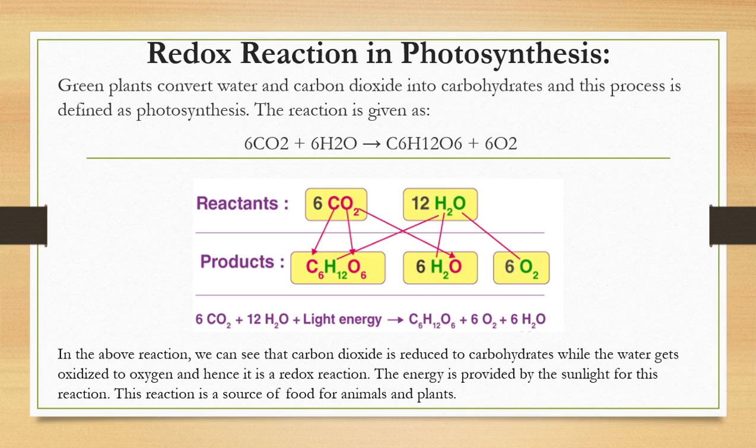Products: C6H12O6 plus 6H2O plus 6O2. In the above reaction, we can see that carbon dioxide is reduced to carbohydrates while the water gets oxidized to oxygen and hence it is a redox reaction. The energy is provided by sunlight for this reaction. This reaction is a source of food for animals and plants.